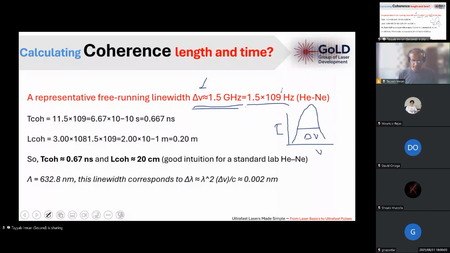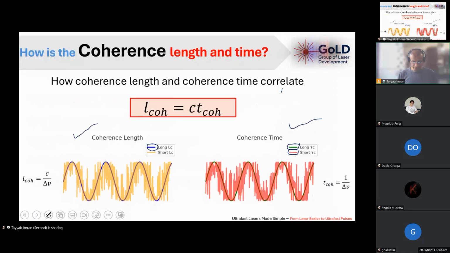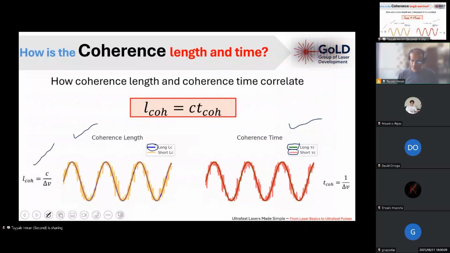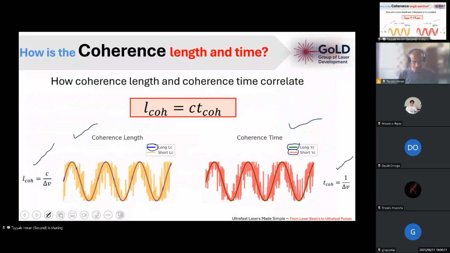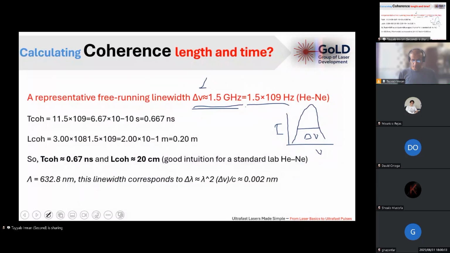Okay, if we know this and go back to these formulas, we can calculate the coherence time and the coherence length. So what is the formula in the first case?